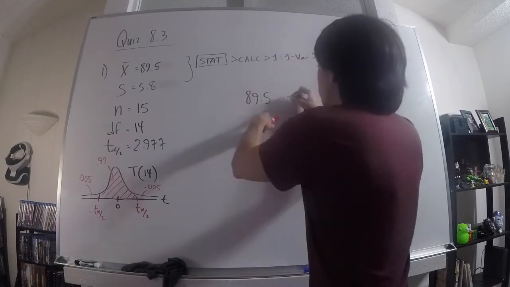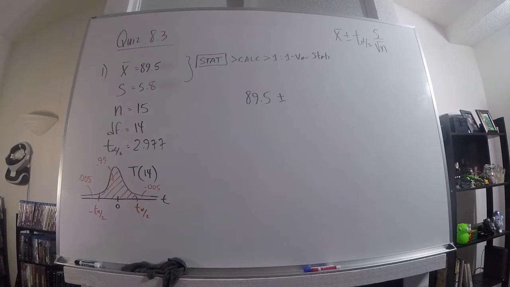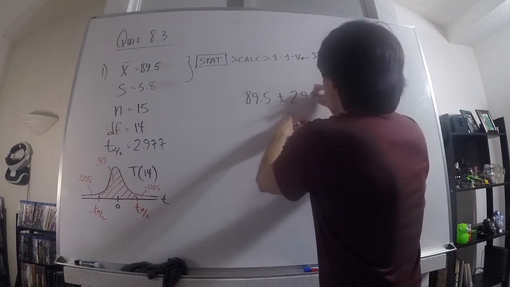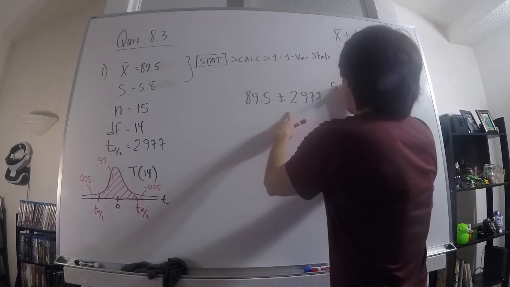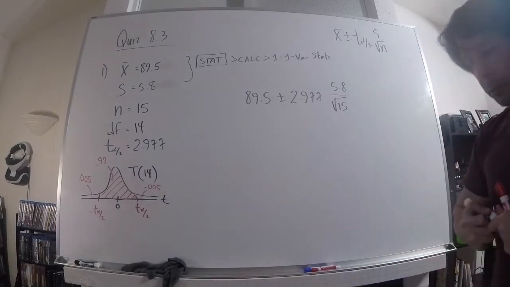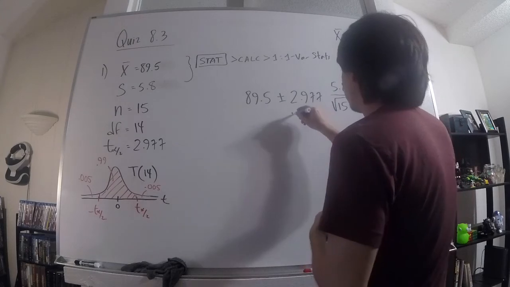89.5 is my point estimate. That's my best guess for the average IQ of 5th graders. But I'm going to do a 99% confidence interval by using 2.977 times 5.8 divided by the square root of 15. I will compute my margin of error first, which is everything after the plus or minus.